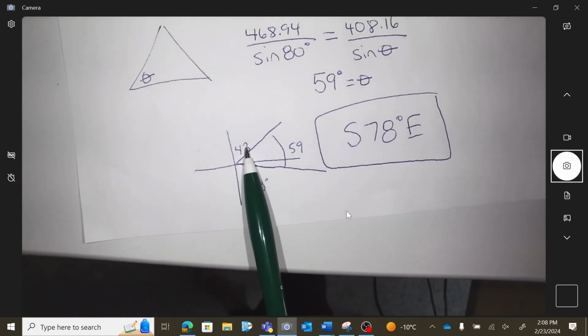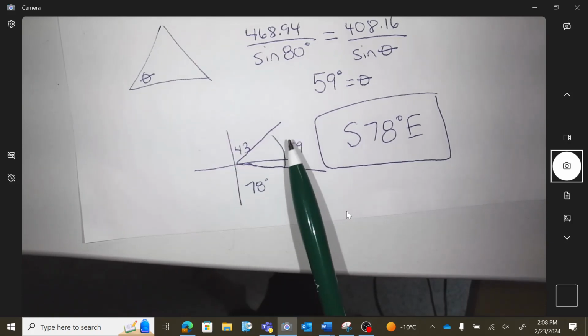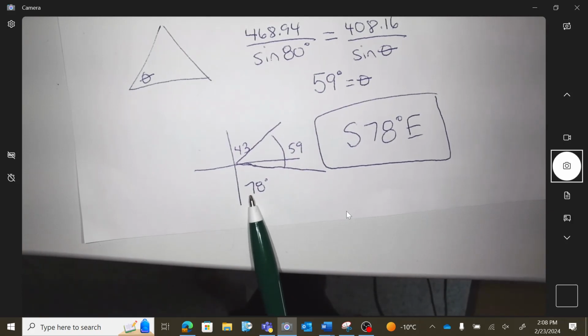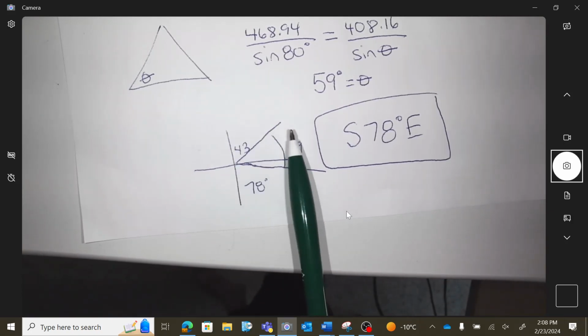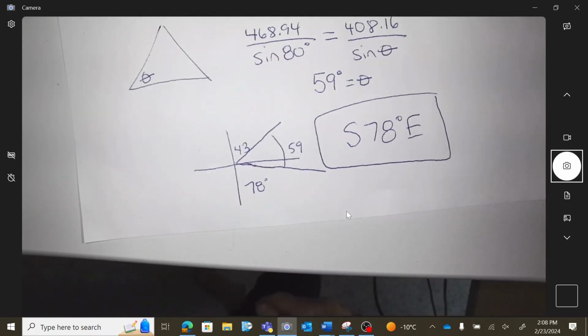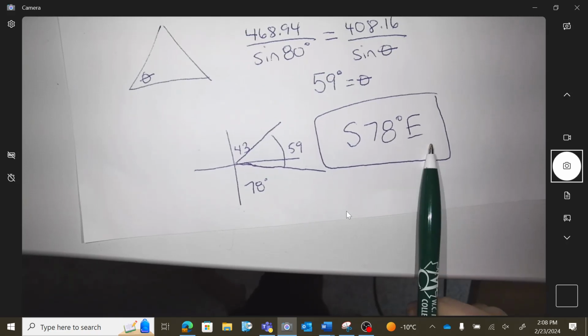So there was 43 degrees outside the triangle, and then in the triangle there was 59, so then outside on here would be 78. How did I get that? Just 180 minus, there's those three all together make 180. So now you can see I'm closer to this south than the north, and I'm pivoting to the east.